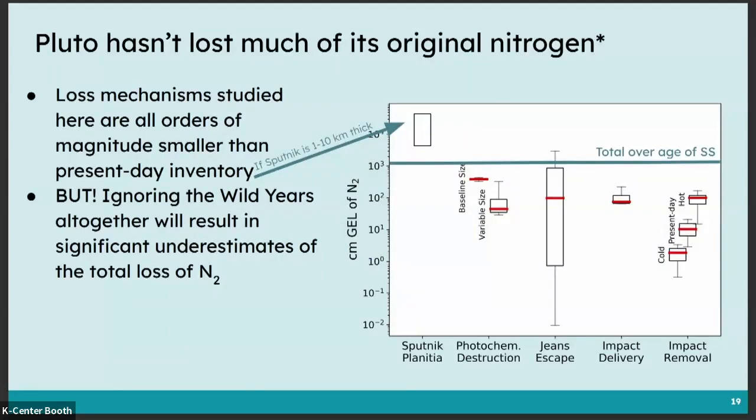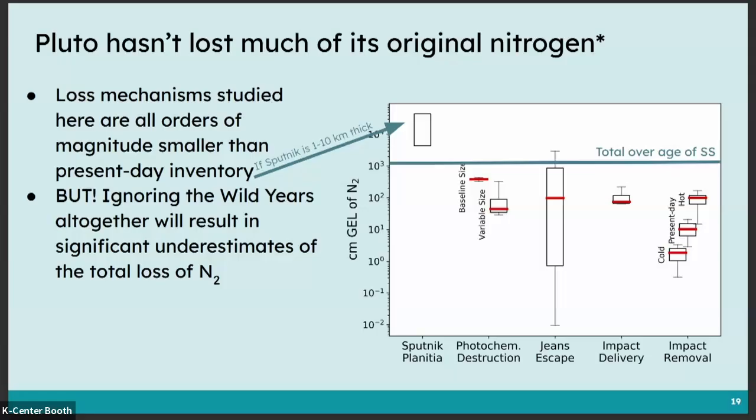So the conclusion of all of this work is that Pluto hasn't really lost much of its initial nitrogen. We looked at these three different mechanisms: atmospheric escape, photochemical destruction, and impact removal. And what we found is that the integrated effect of those mechanisms over the entire 4.5 billion years of the solar system is less than the amount of nitrogen that is currently in Sputnik Planitia today.